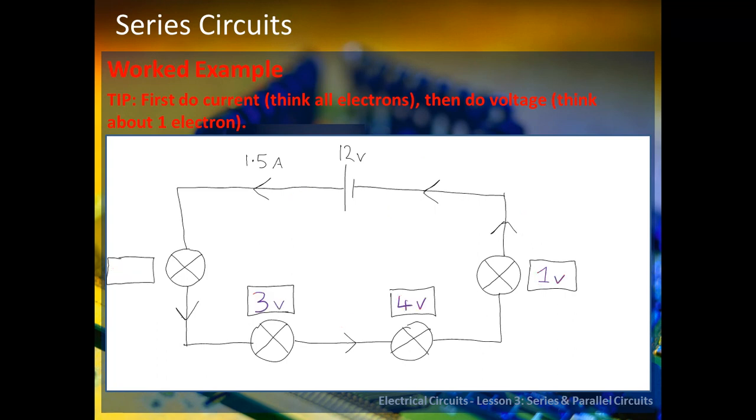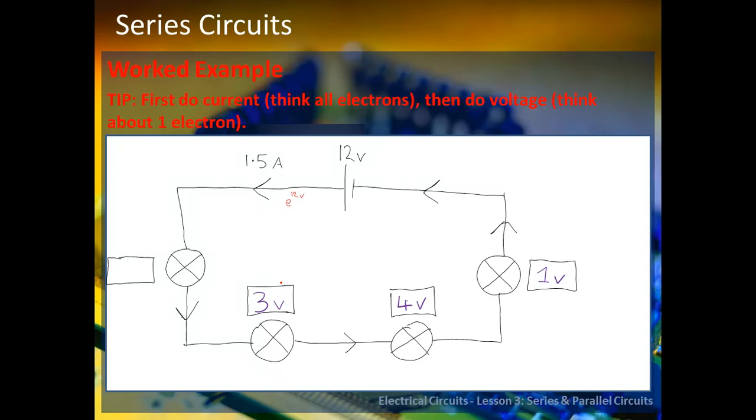What's more likely in a WJEC question is that they'll give you some additional values for the voltages of the other components, and you just need to make sure that you're applying the rule to make sure that the voltages balance. So on this one, exactly the same circuit, but I've labelled up a couple of the bulbs. So remember, the electron leaving the battery has 12 volts.